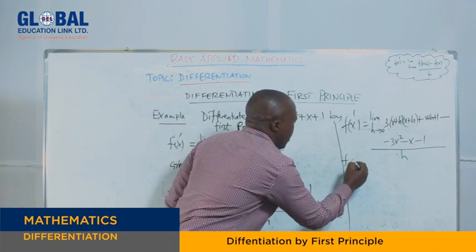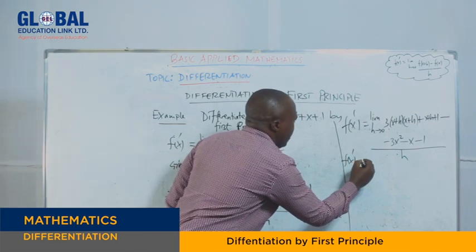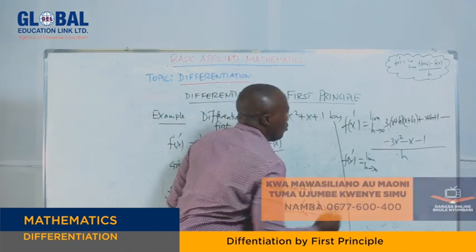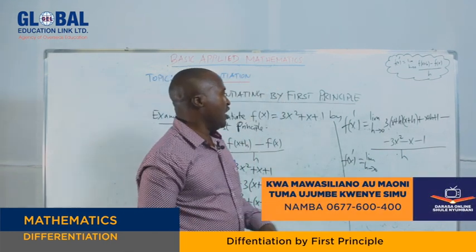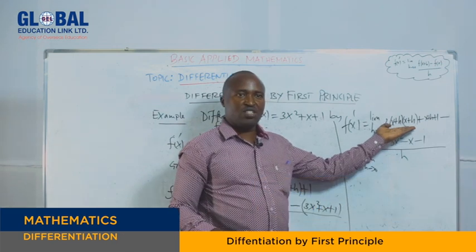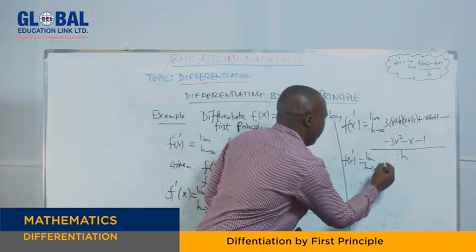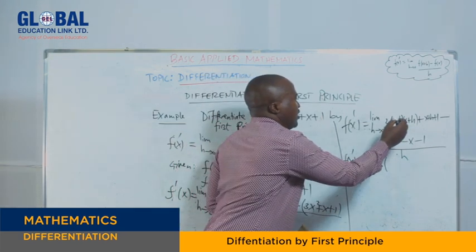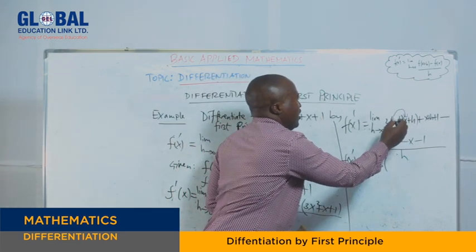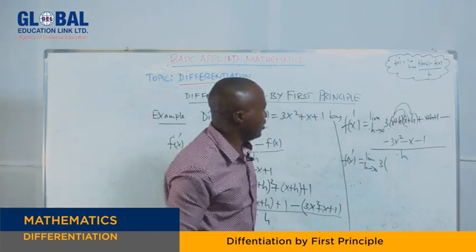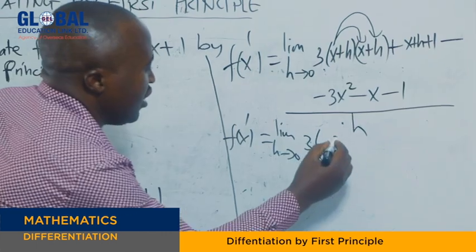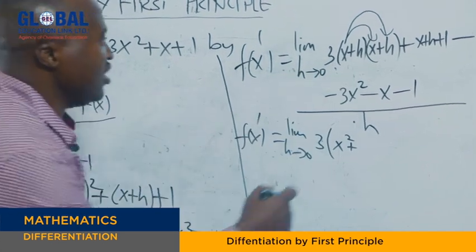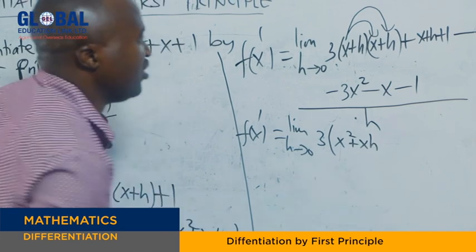Therefore, f of x dash is equal to the limit as h approaches 0, now, when you expand this one, you are going to have 3 bracket of, just take x times x, again x times h. So we are going to have x squared plus, again x times h, that is xh.